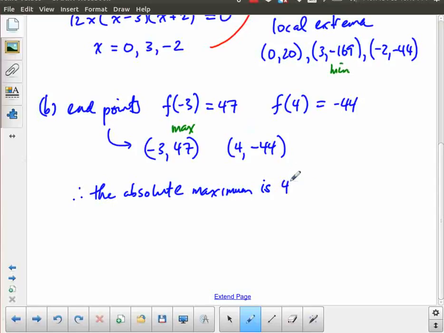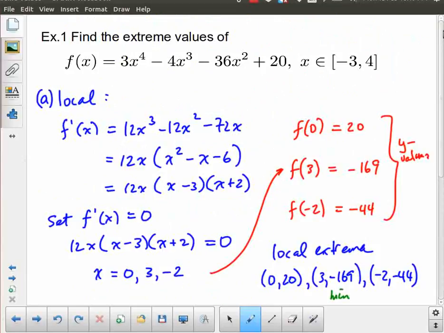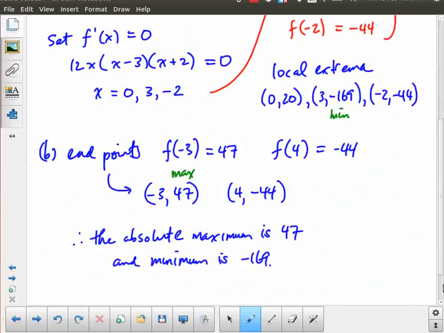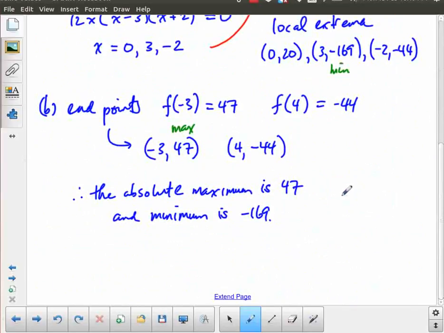It's 47. And the absolute minimum is negative 169. The question itself asked for the extreme values. What are the values at the highest and lowest end? Now we had to identify the local extrema as part of that, but it's also very important that you answer the question that has been asked of you.